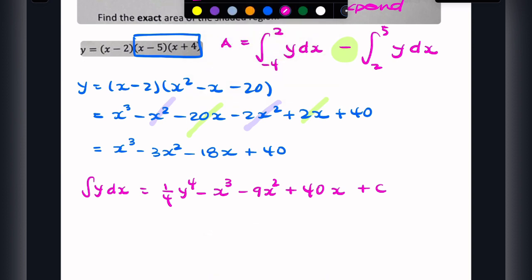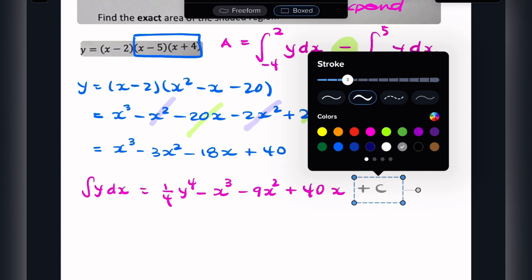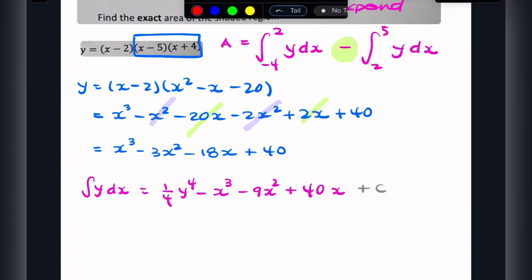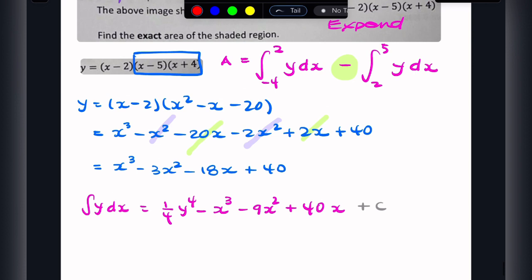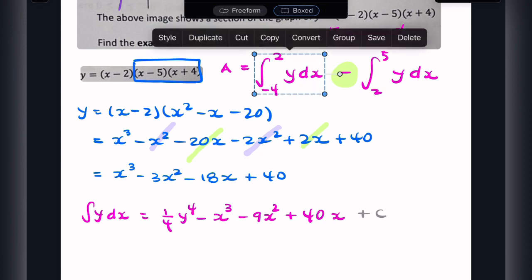Now, you'll see in a second that we're not going to use the constant because we are going to have a definite integral with limits.